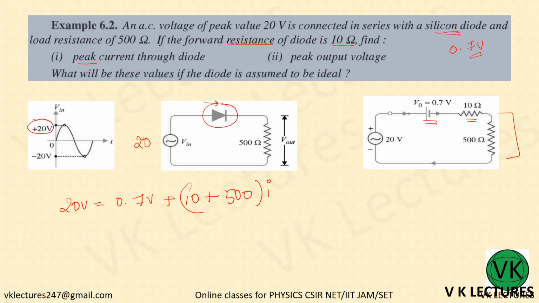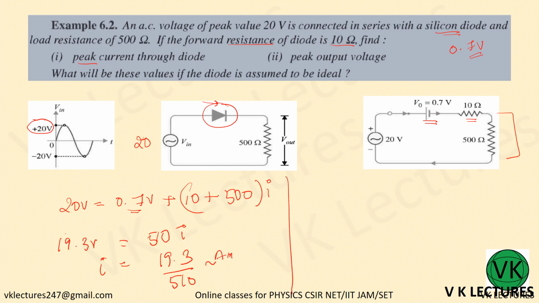So take this voltage to the other side, 19.3 volt equals 510 I. So I is equal to 19.3 by 510. Can you give me an approximate answer? Leave it, let it be this much ampere.